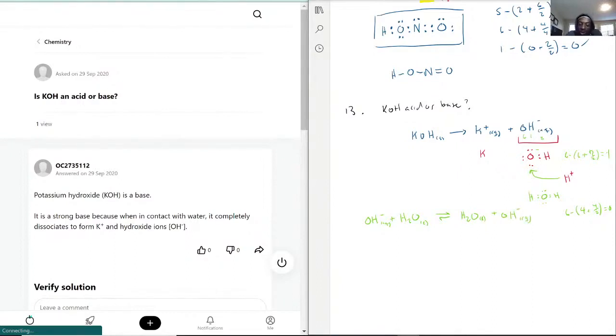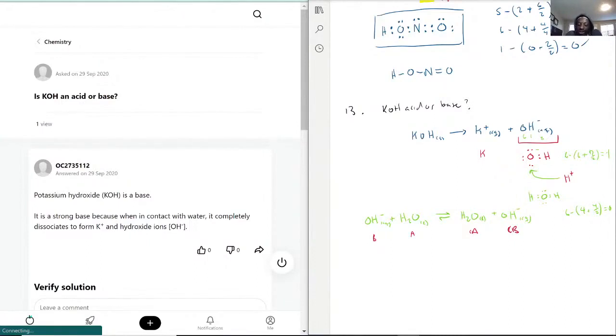But if we account for the base and conjugate acid, we have the base here, and the conjugate acid would be that one, and this would be the acid because the water is giving the OH, the base, the proton, and this one becomes the conjugate base.